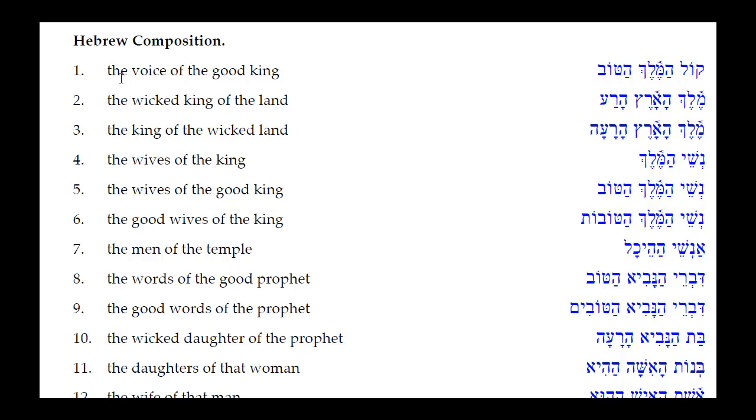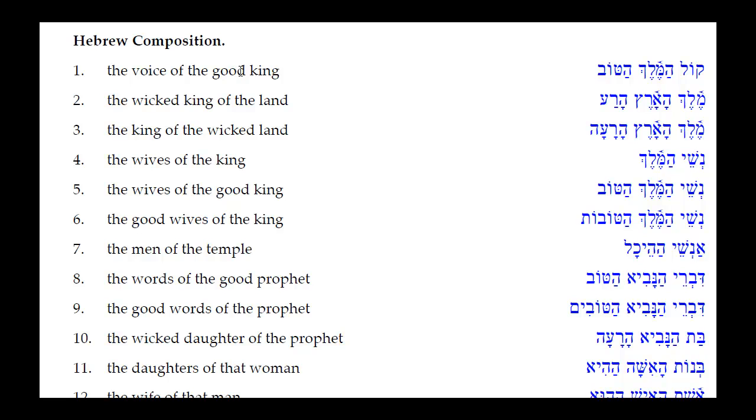So we have the voice of the good king. You'd say the voice of, the "of" is the key that tells you that that is construct. So we have to have kol for voice. Then remember in Hebrew, the absolute noun comes after the construct noun. So it would be Hamelech, the king. So you have kol Hamelech.